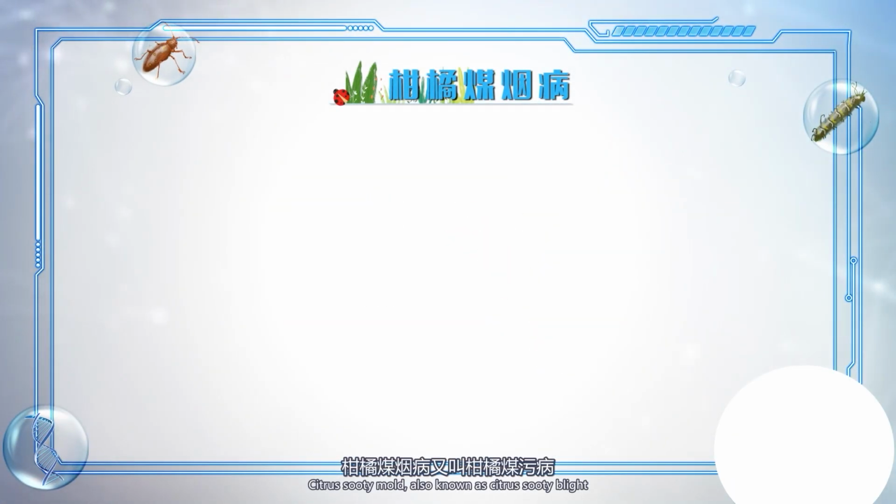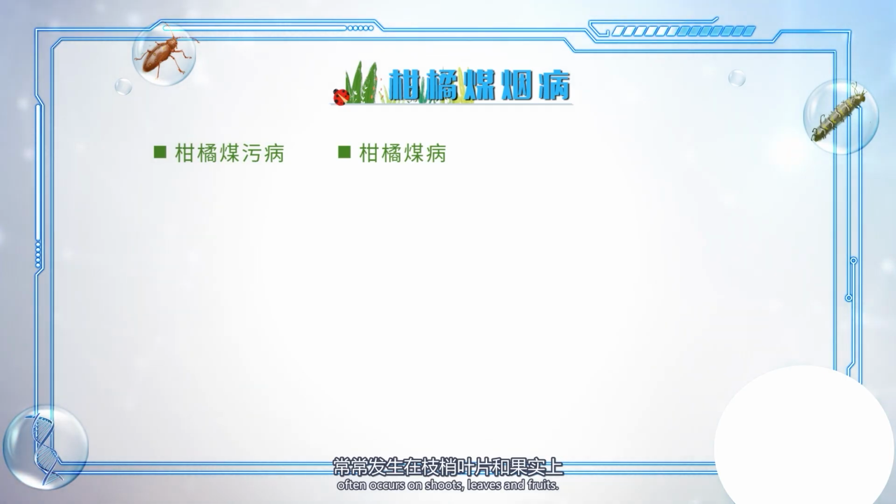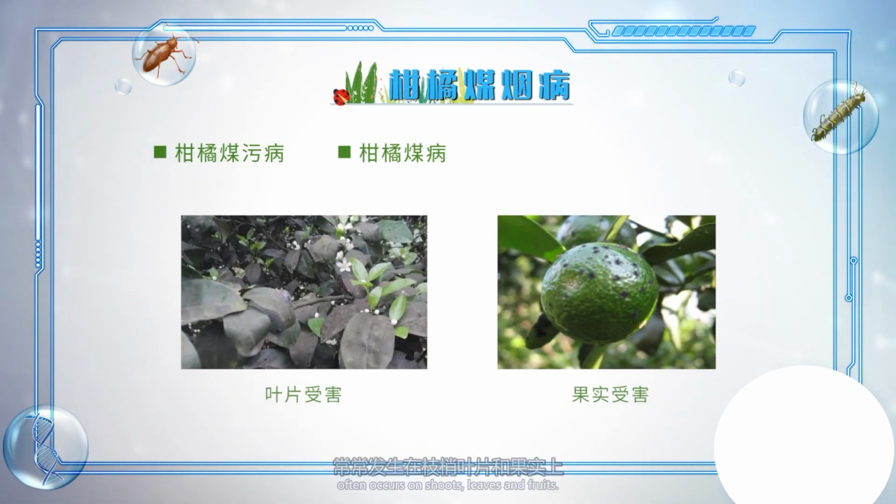Citrus sooty mold, also known as citrus sooty blight and citrus dark mildew, often occurs on shoots, leaves, and fruits. After the leaves are harmed, grayish-black coal stains are generated, with some black dots scattered on them, which gradually expand and finally cover the whole leaves, seriously affecting the photosynthesis of the plants, resulting in weak tree vigor and obstacles in nutrient supply.